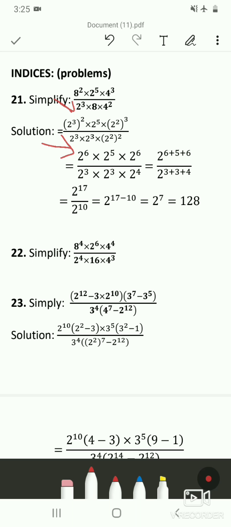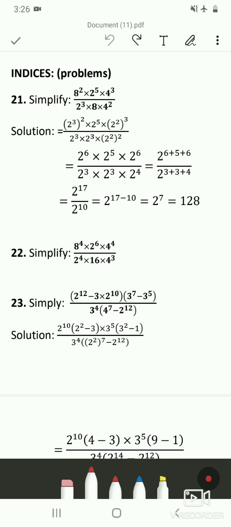Here 2 3s are 6, so this term is nothing but 2 raised to 6. Next, 2 raised to 5 is as it is, and in the similar way we'll get 2 raised to 6, that is 3 2s are 6. So using the law we got 2 raised to 6 divided by, applying the same steps, 2 cube into 2 cube into 2 raised to 4.